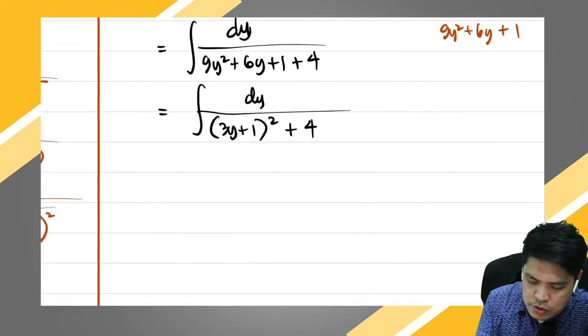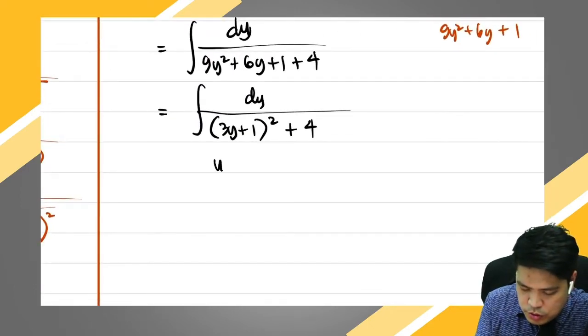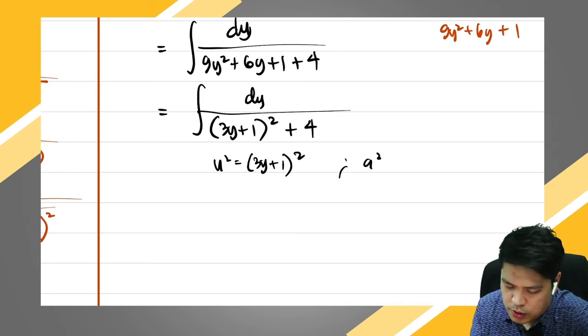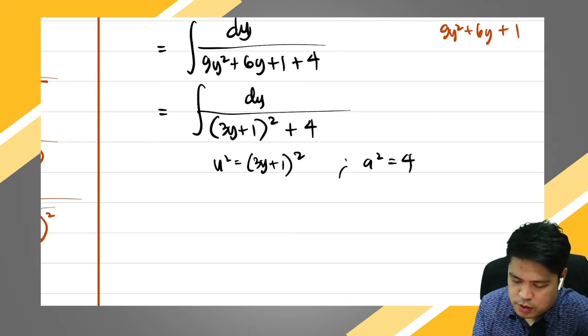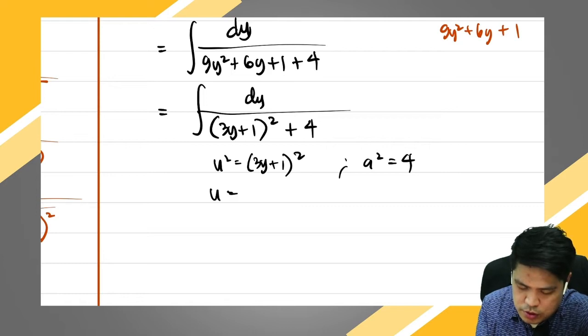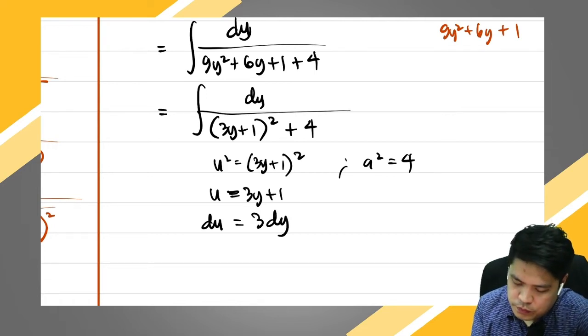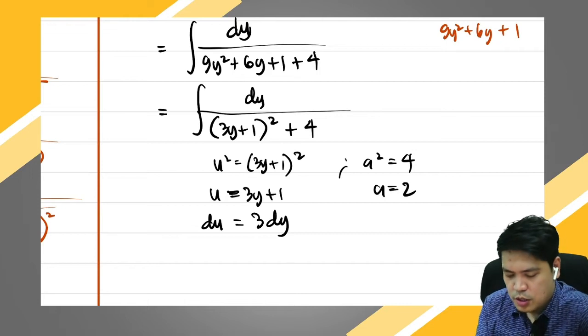Okay? So therefore, u squared is equal to 3y plus 1 squared. And a squared is equal to 4. Hence, u is just 3y plus 1 and du is just 3 dy. Okay? Now, a is obviously 2.